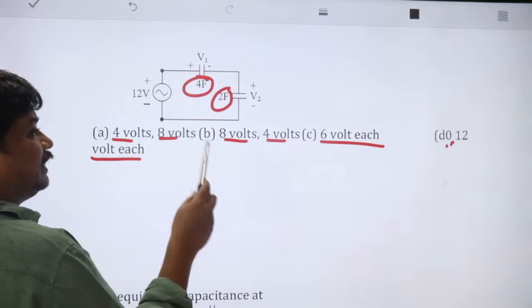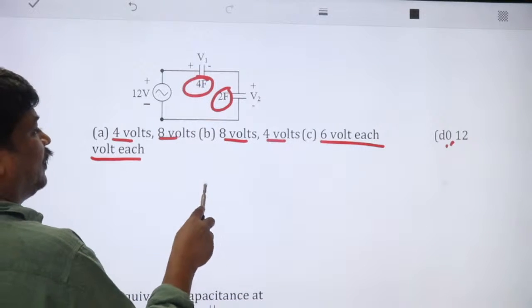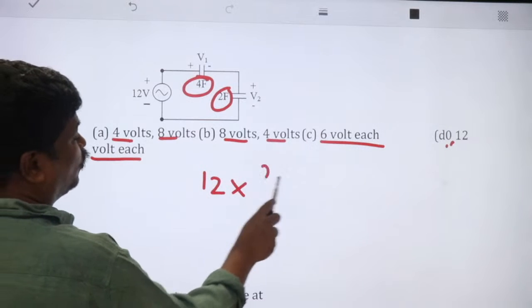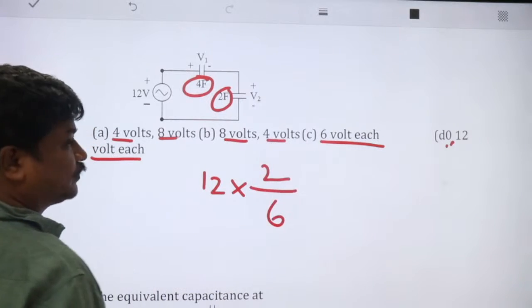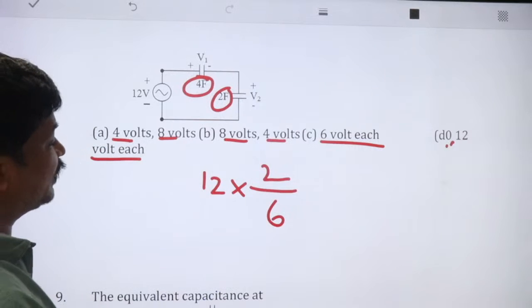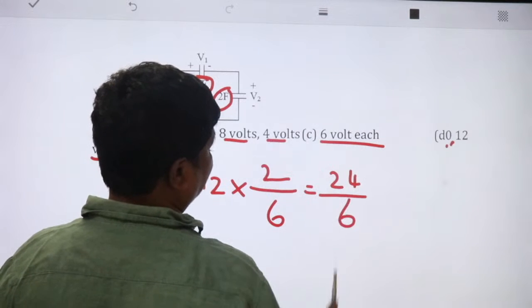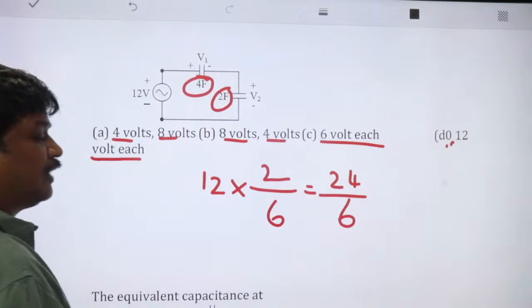So, in the case of capacitors, we have to take the opposite combination. 12 into 2 by 6, 24 by 6.